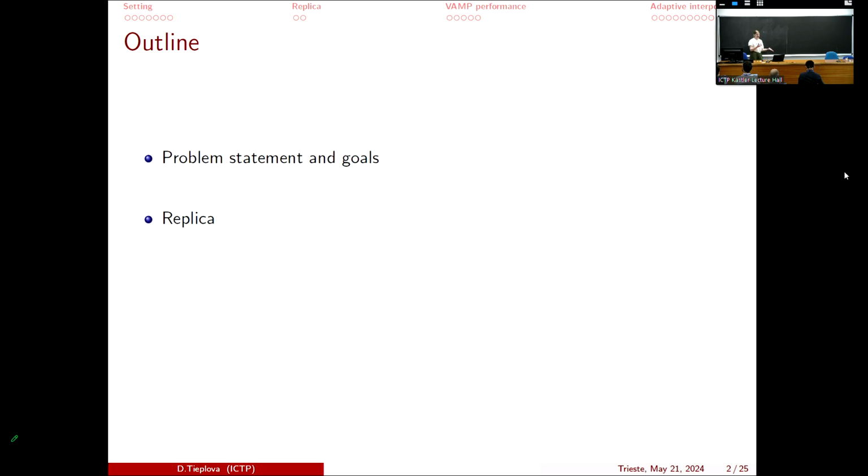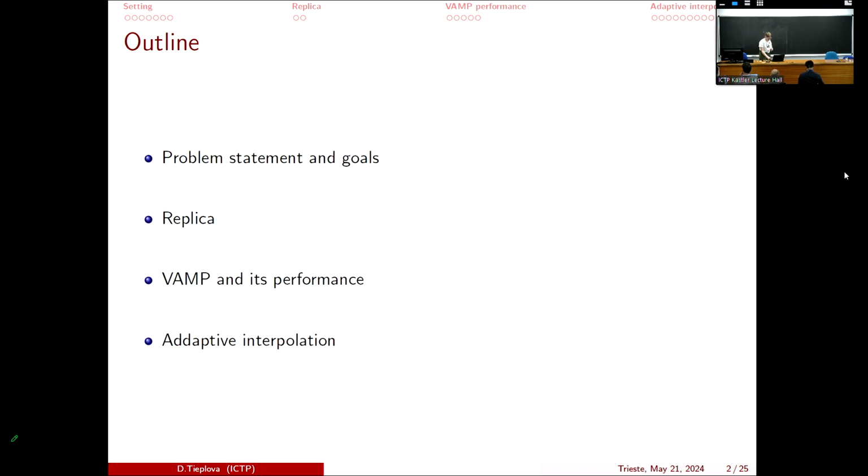We are going to try to apply it to our model. Then we are going to talk about the algorithmic side, and we are going to see how the already quite known algorithm, called the vector approximate message passing algorithm, works for our problem and what is not working. And we are going to finish with trying to prove rigorously whatever we obtained through the replica method.